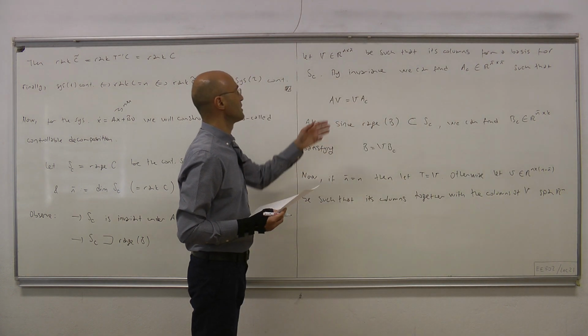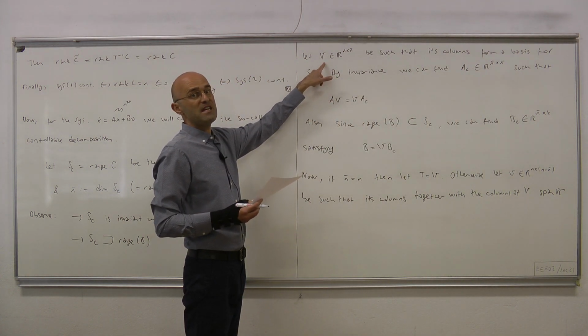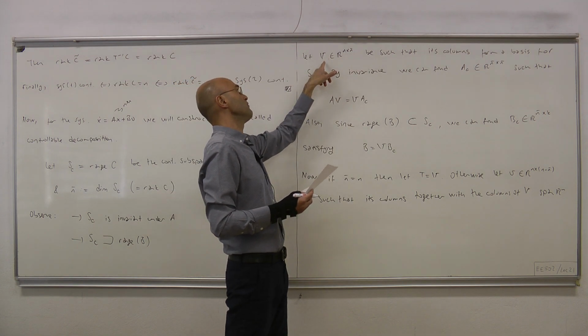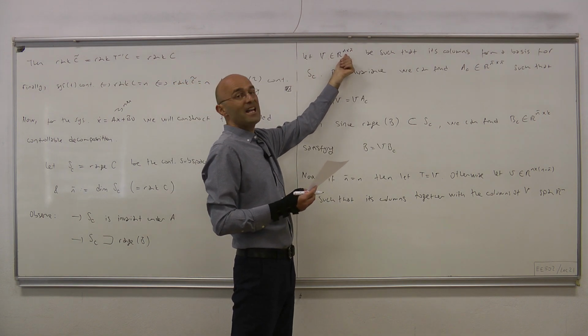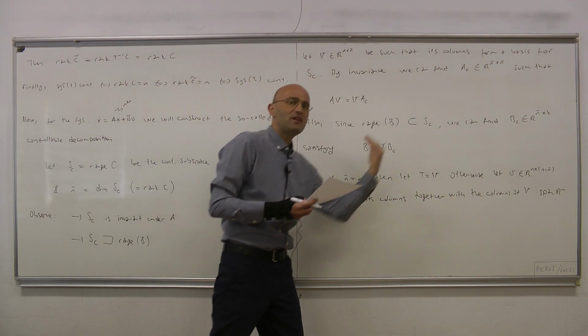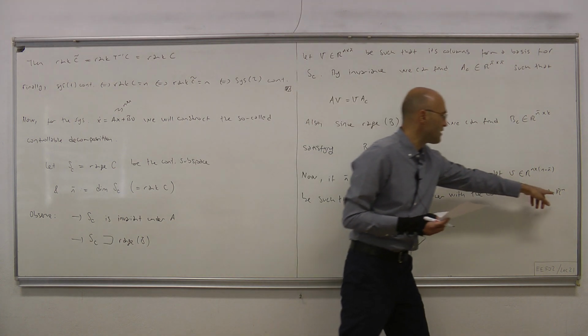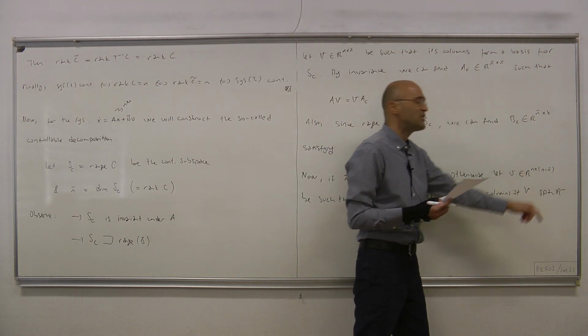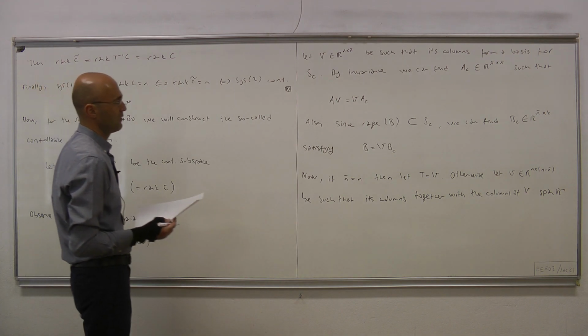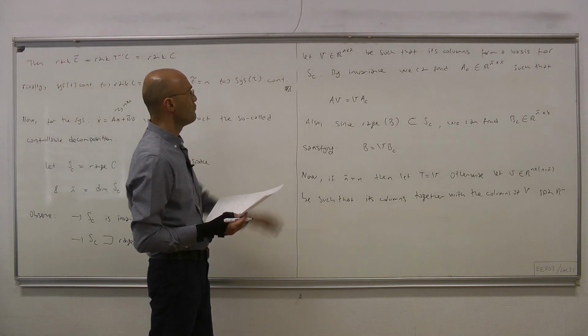Okay, so what we do basically is we start with V, and if V has less than n columns, we complete that basis to be a basis for the entire space Rn. So for that we have to add n minus n bar more columns to V. Okay.